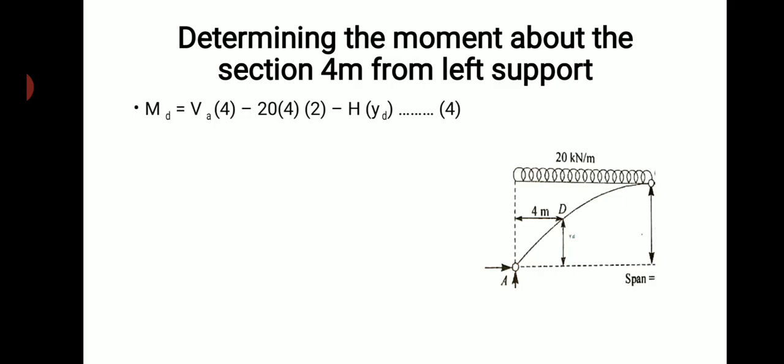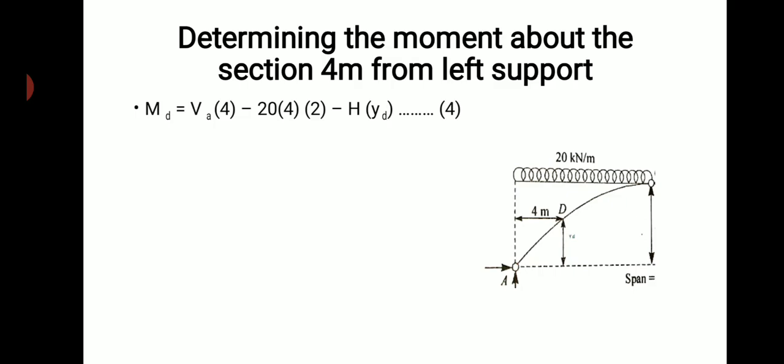Because I have considered the point D, which is at a distance of 4 meters. Therefore, 20 into 4 is acting, converted into kilonewton. The centroidal distance is 2 meters, therefore 20 into 4 into 2. It is acting in the anti-clockwise direction, hence it is considered negative.